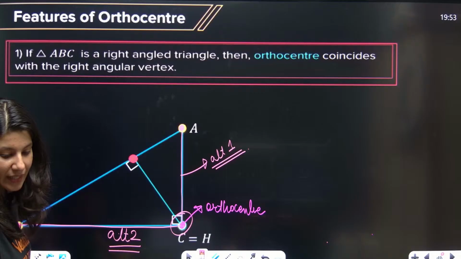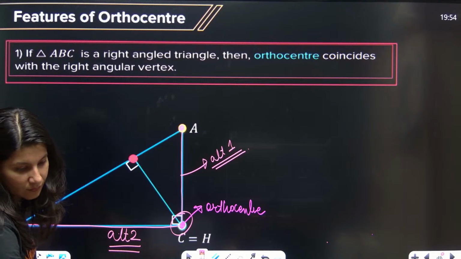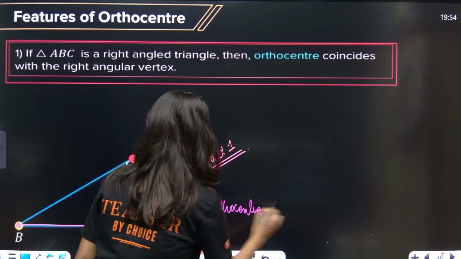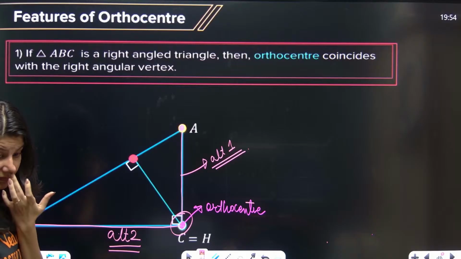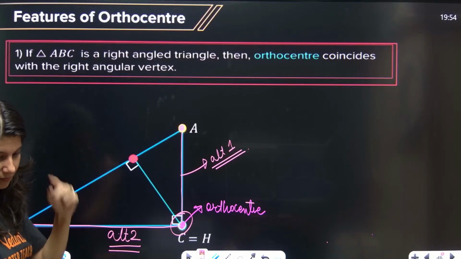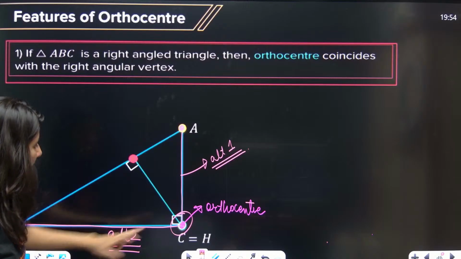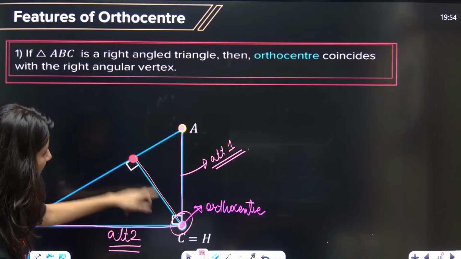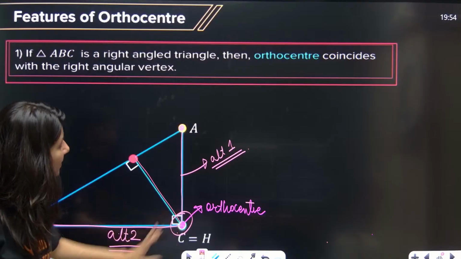How many of you are understanding this? So this is your orthocenter. And last, just drop a perpendicular from this to this. Again, this starts from C only, so the meeting point is nothing but C.